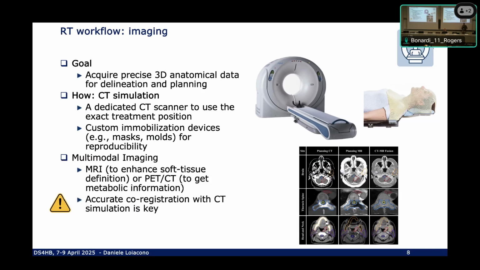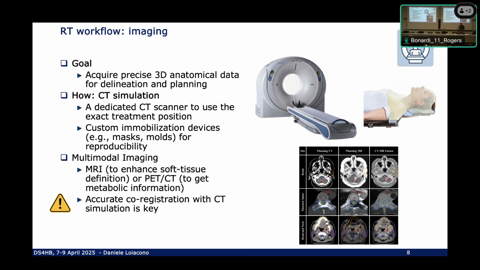In addition to this type of imaging, it's possible in this step also to acquire additional imaging modalities, like for example MRI or PET, that can be very helpful if you want to identify better some types of targets.